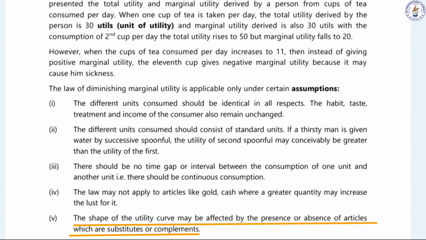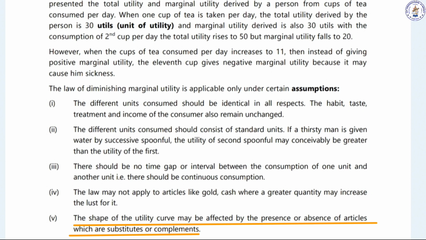Next one is that the shape of the utility may be affected by the presence or absence of items that are complementary or substitutes for others. For example, tea consumption utility cannot be compared with the consumption of coffee, or it might be affected by the consumption of coffee. The utility obtained by consuming coffee cannot be compared with the utility of consuming tea.